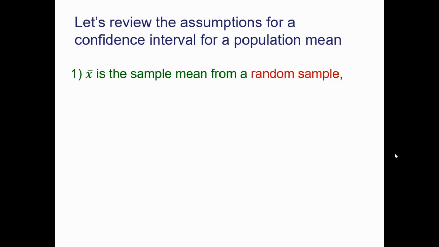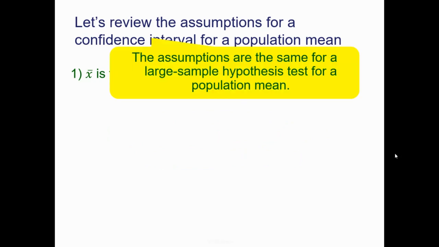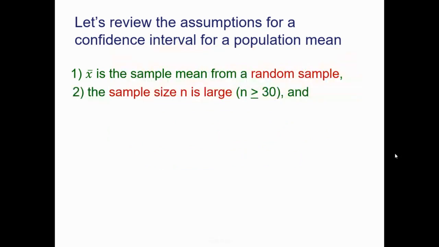The first one, we had to assume that X bar is the sample mean from a random sample. Then we had to assume that the sample size n is large, meaning that n is greater than or equal to 30.